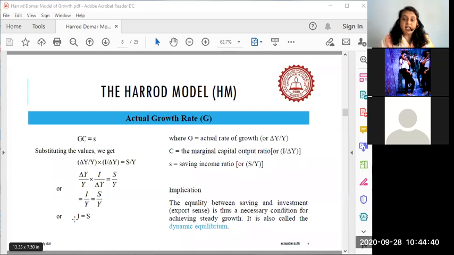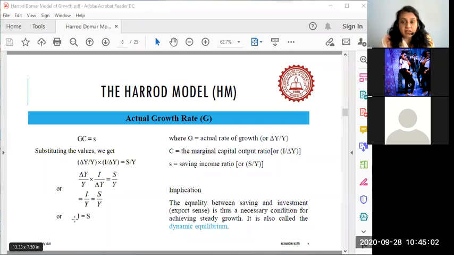That will promote investment, and that will lead to further growth of the economy, a new growth for the economy. It will help the economy to achieve what is called GW, as I told you, the warranted rate of growth.